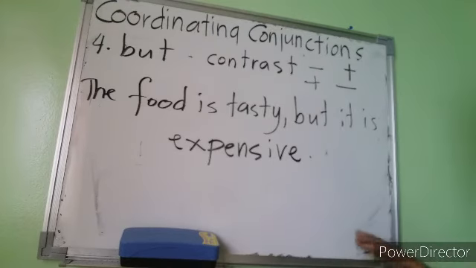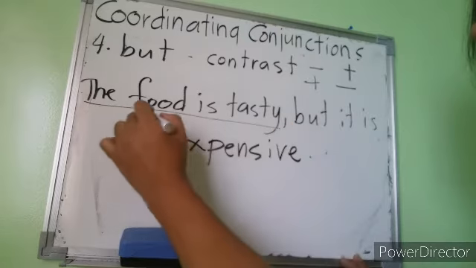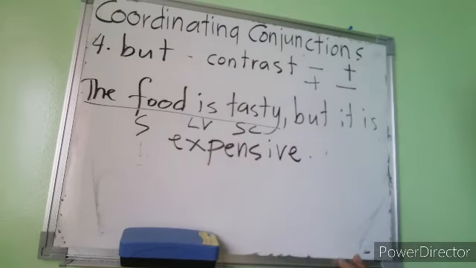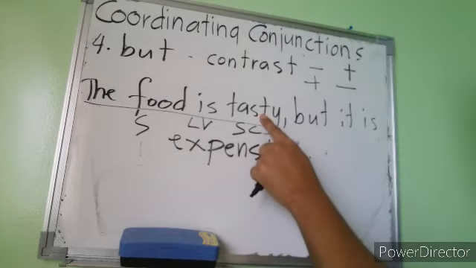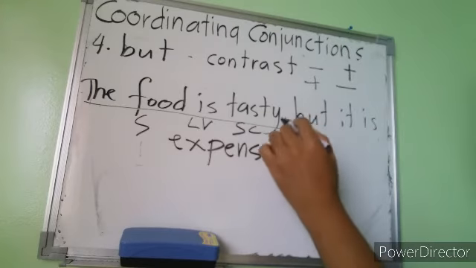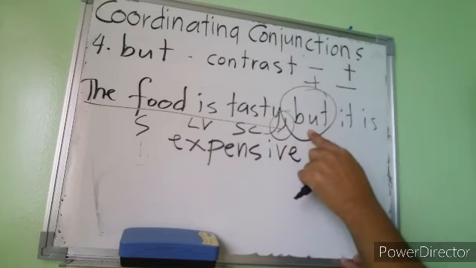So first example, the food is tasty, but it is expensive. So your first sentence here is the food is tasty. So the subject and then the verb, and then that is your SLVSC. So tasty here is a good word, right? It sounds nice. And then remember there is also a comma here, and then your conjunction, but.